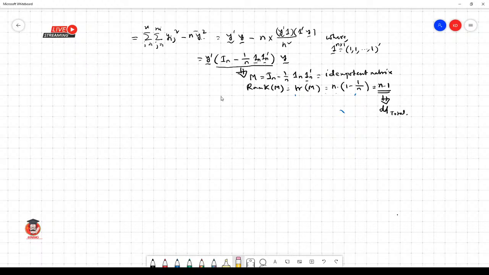Now SSD2, between group, which is equal to sum over i from 1 to k, ni times (yi naught bar minus y naught naught bar) whole square.